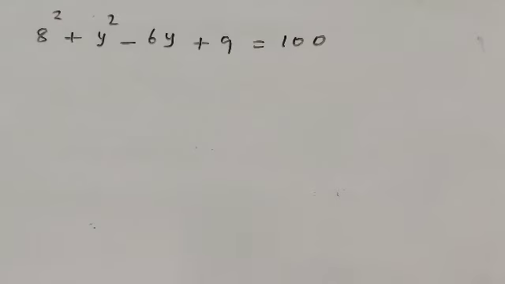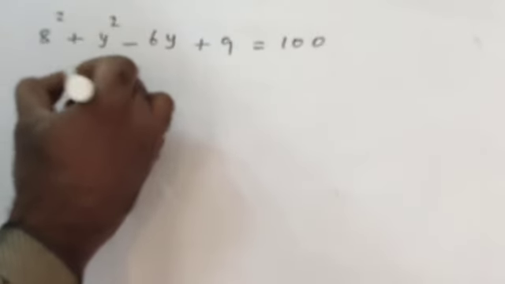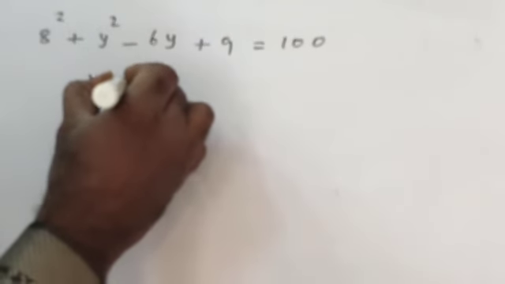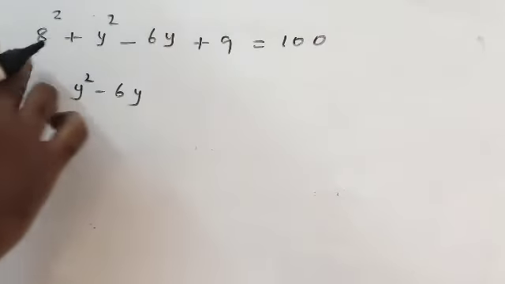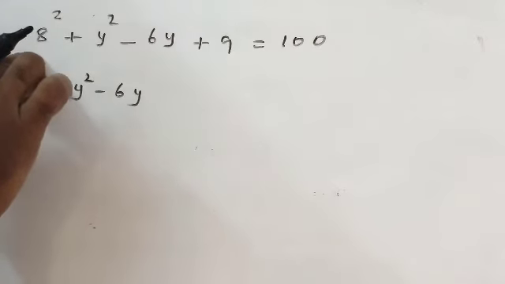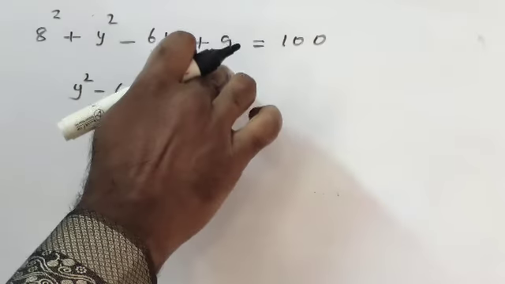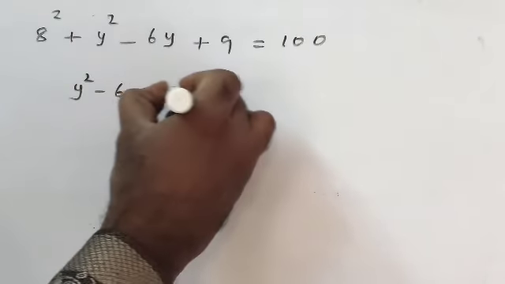Now we have 8 square plus y square minus 6y plus 9 equal to 100. First write the term y square, then the y term. 8 square is 64. 64 plus 9, that is 73.